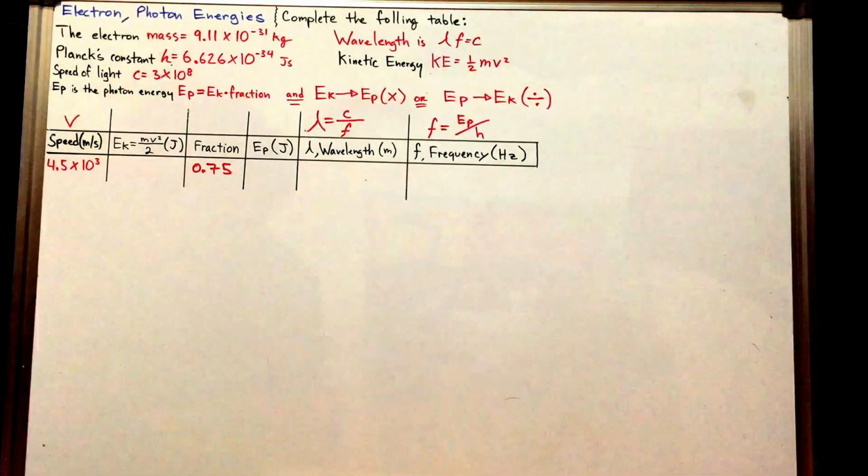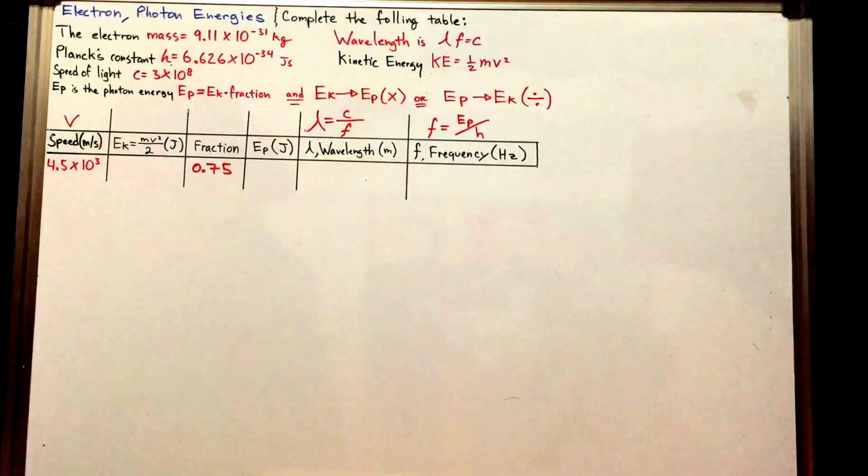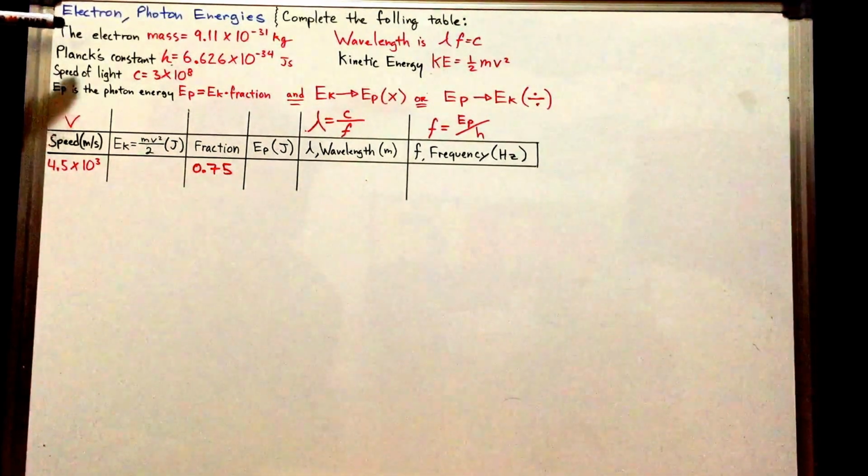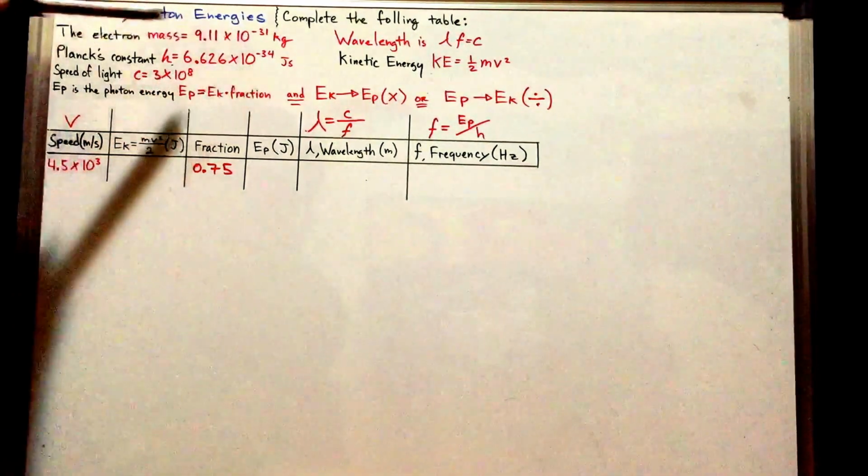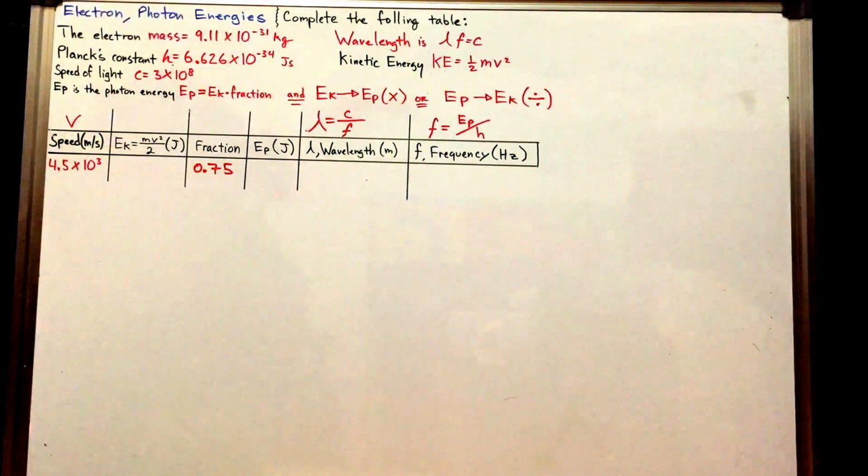The ones that are given to us for this particular problem is the electron mass, which is 9.11 times 10 to the negative 31st power kilograms.